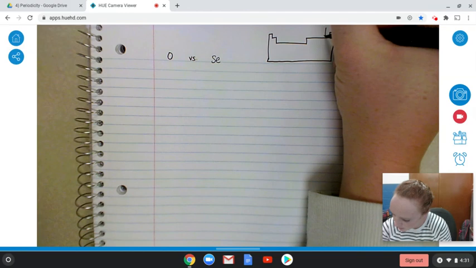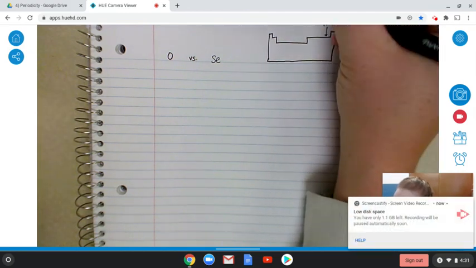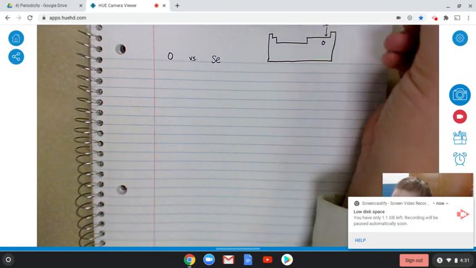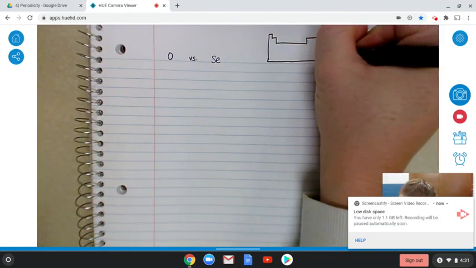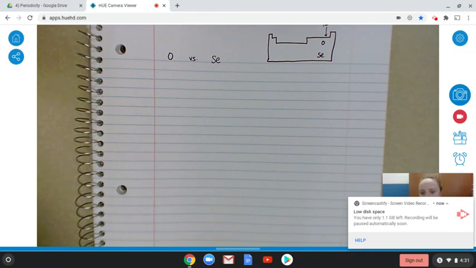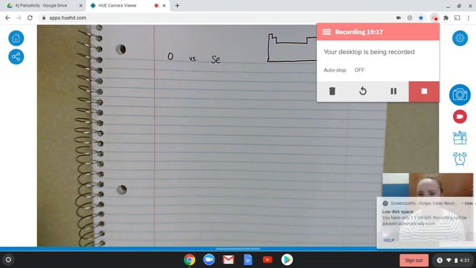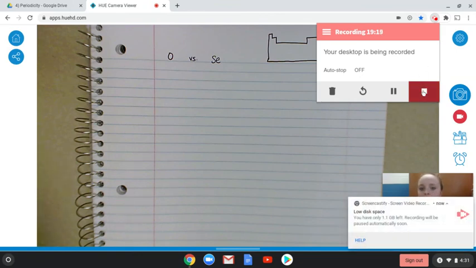They're both in column 16. Oxygen is on the top, and selenium is down in row 4. So I want you to go ahead and answer those same 5 questions for oxygen and selenium. If you don't remember the questions, go look on the previous page, but my computer's about to kick me off of recording.